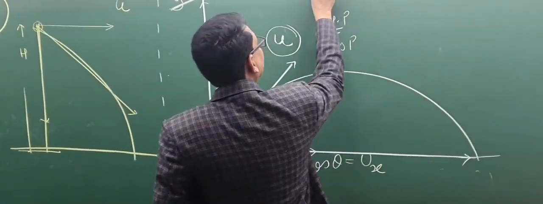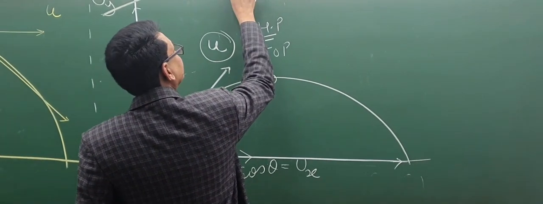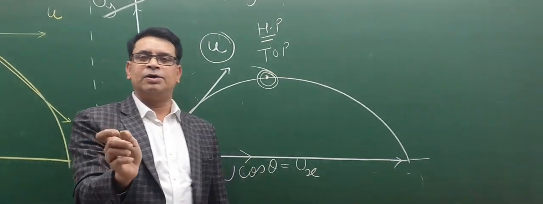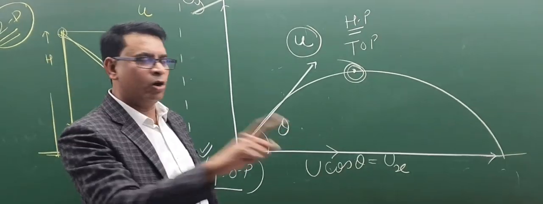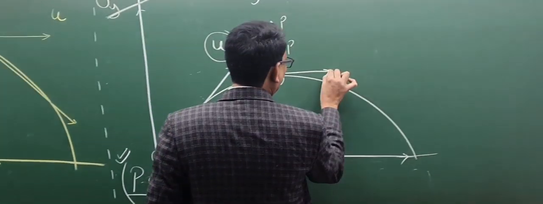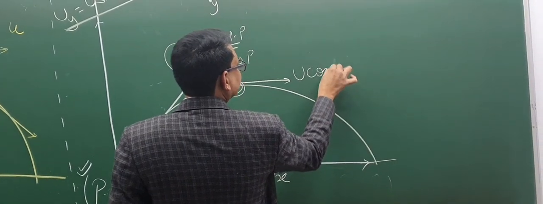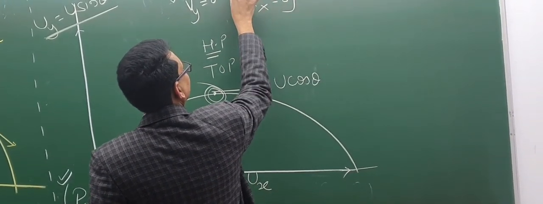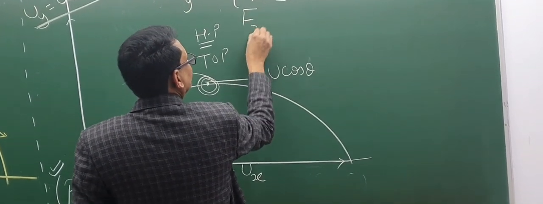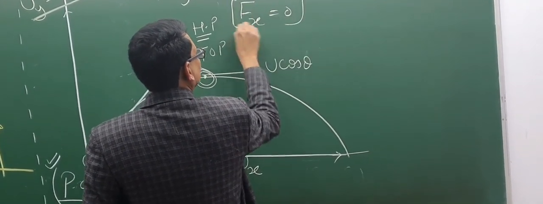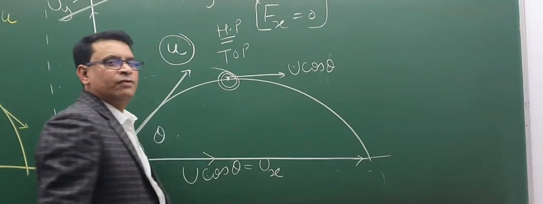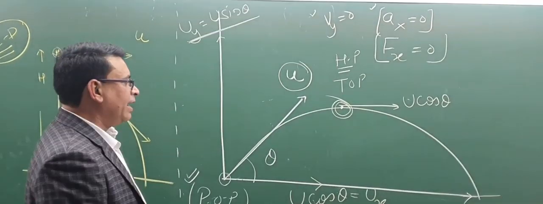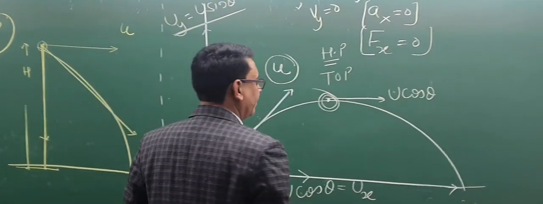Here the vertical component of velocity is zero, but throughout the motion the horizontal component of velocity remains constant, that is u cos theta, because a_x, the acceleration in the horizontal direction, is 0 because force is 0. So throughout the motion, velocity along the horizontal direction remains constant at u cos theta.